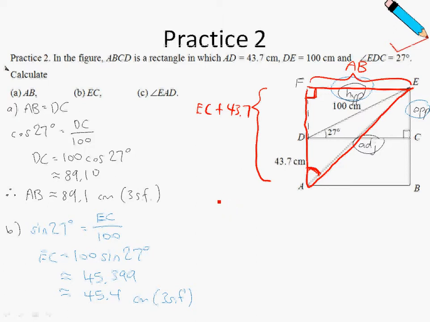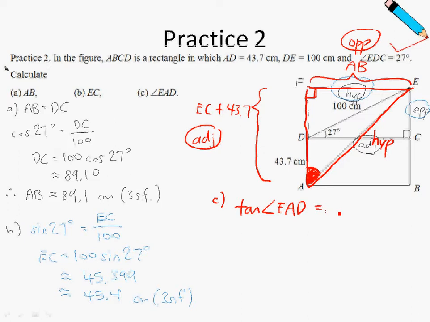Okay, so for part C, what I'm going to do is that I realize that with respect to this red angle over here, this side AB will be my opposite, this side over here will be my adjacent, and this side over here will be my hypotenuse. Okay, so since I have the adjacent and the opposite, sorry, I will be using tangent of angle EAD.